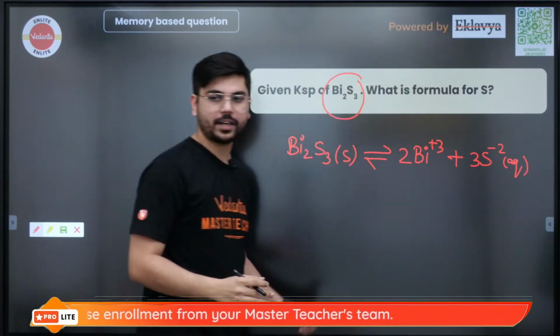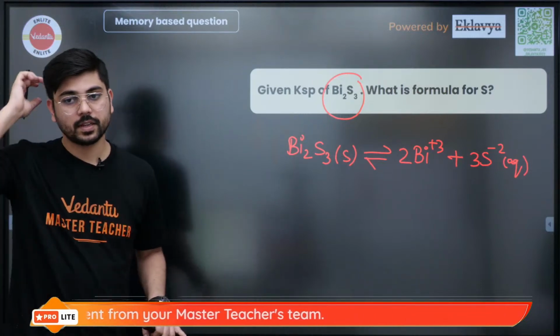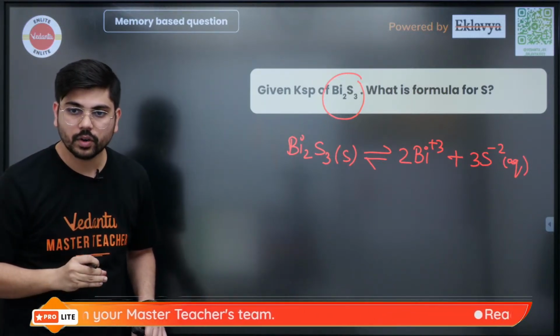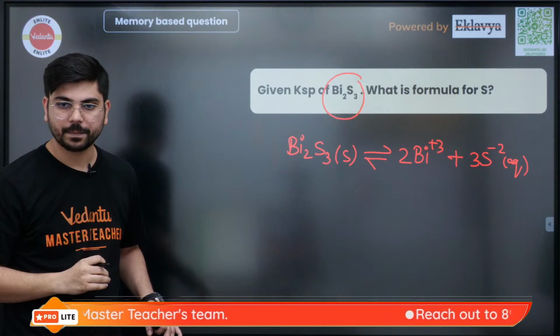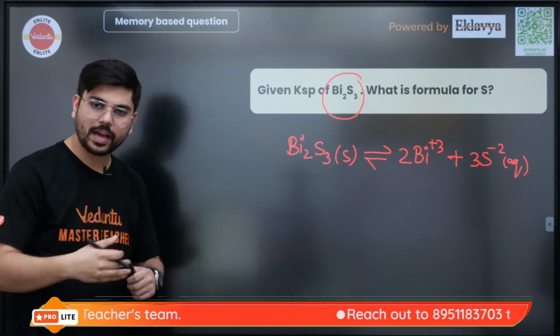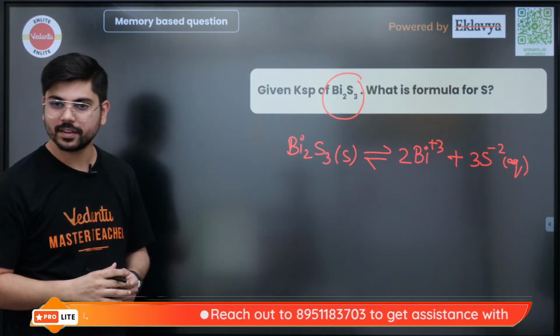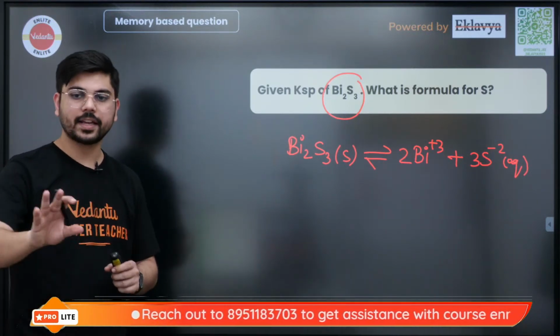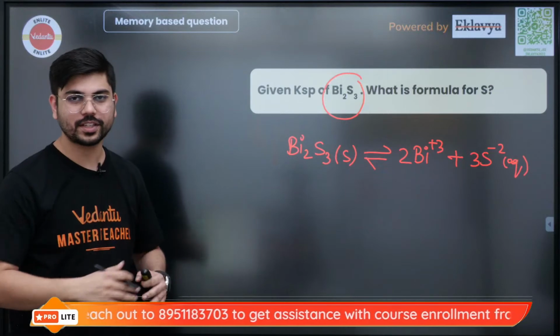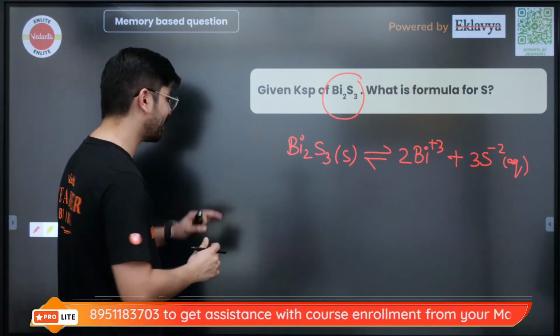We all know how to write down the solubility formula. Okay, that option was not there. You could have approached the question in a similar manner, right? Yeah, I agree, vanadium was there, so you could have approached the question in a similar manner.